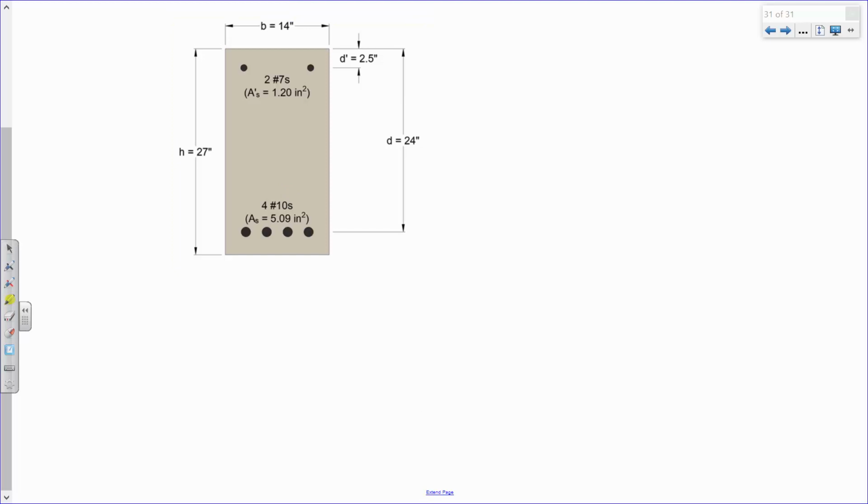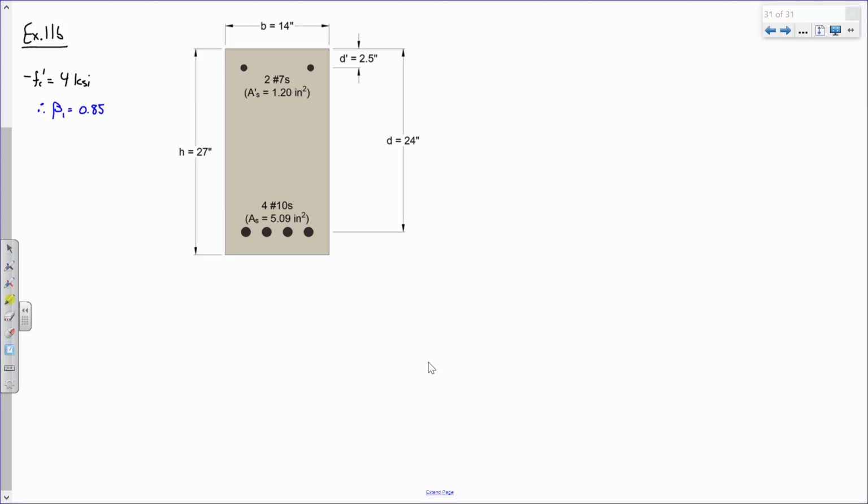So this is example 11B. All right. So again, we know that f'c is 4 ksi instead of 3 ksi. Now that means still that beta 1 is 0.85. Again, anytime that f'c is 4 ksi or lower, beta 1 is 0.85.